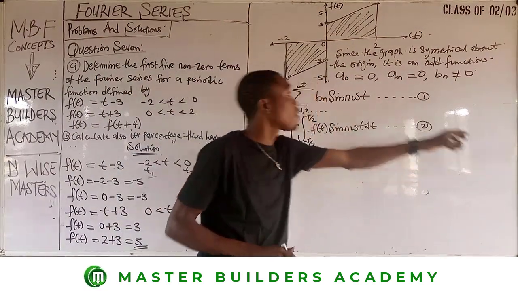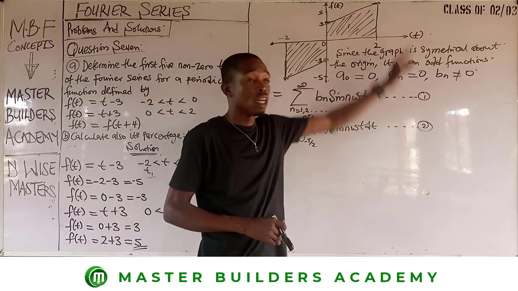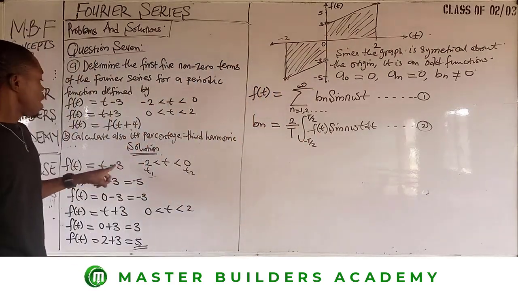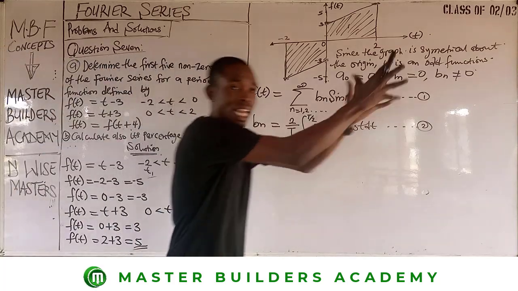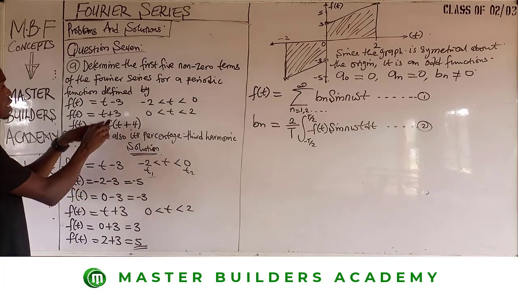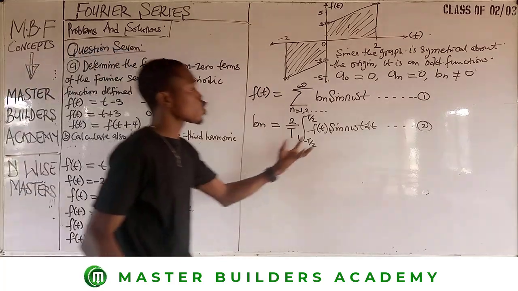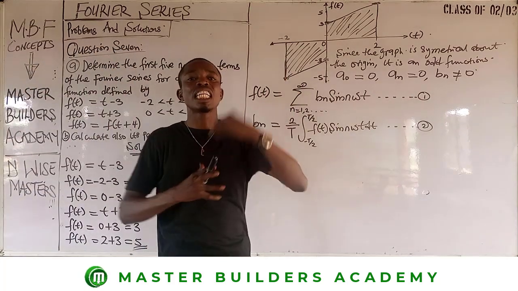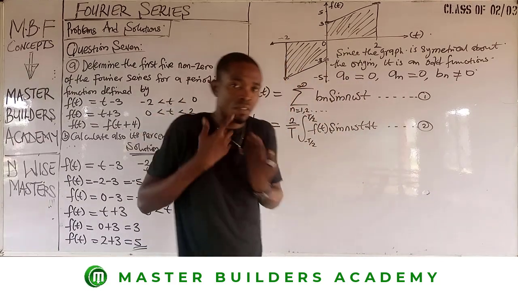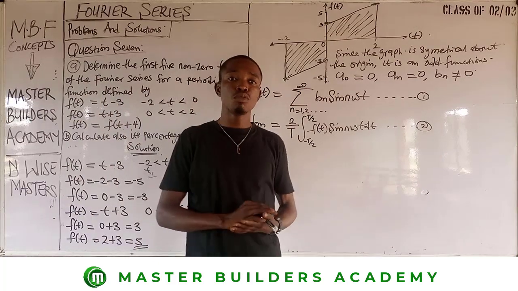If this is true, that whatever we will have for this is what we will have for this, instead of calculating for this using f of t as negative t minus 3 here, solving, getting the answer, then taking f of t as t plus 3 and also solving for this there at the end and adding the two results, that will be a very complex journey. All we need to do is to pick one of them and then multiply by 2.